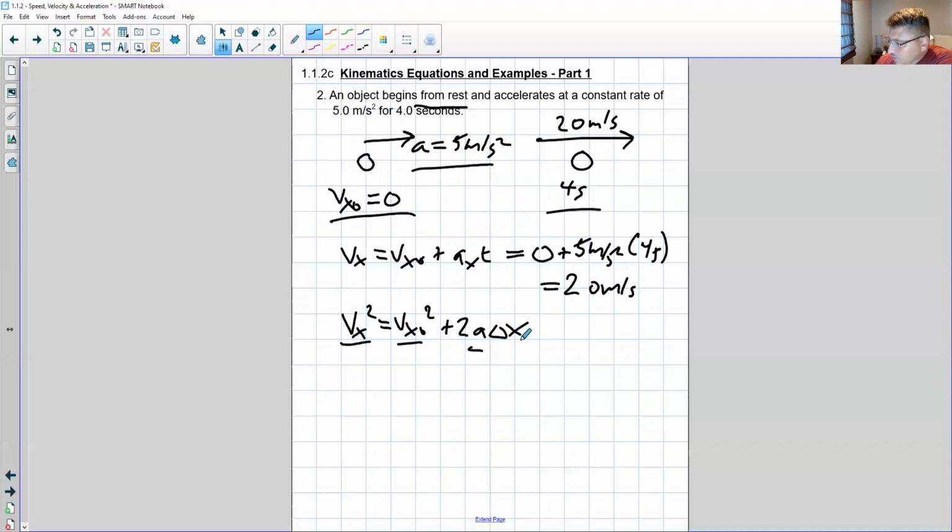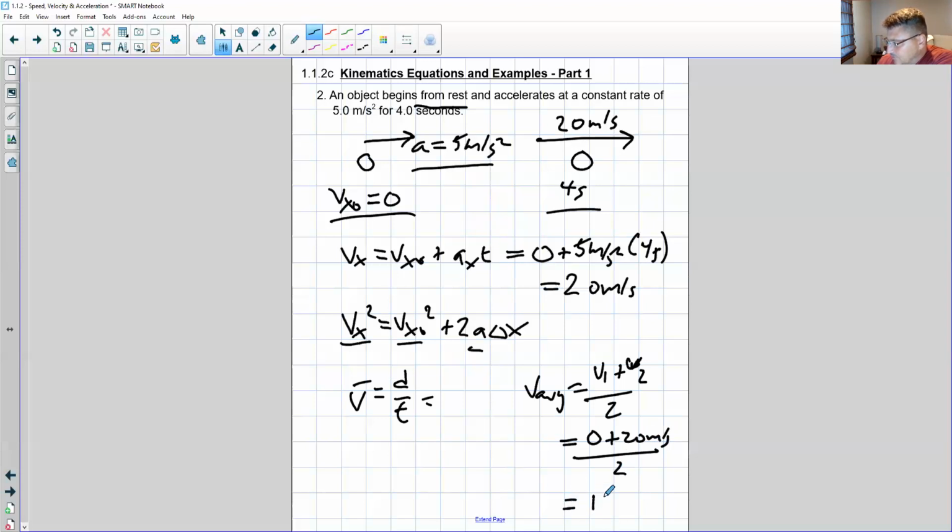We could also do something else that I really like, which is get the average speed. The average equals d over t. Now, the starting speed is 0 and the final speed is, sorry, not that. The average equals v1 plus v2 over 2. So speed 1 is 0 and speed 2 is 20 meters per second.